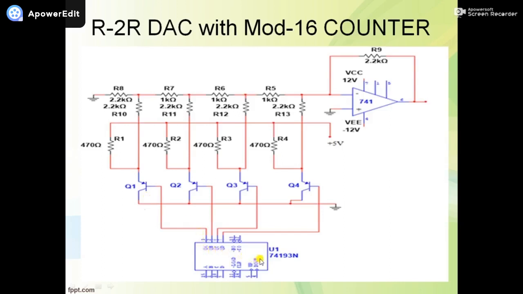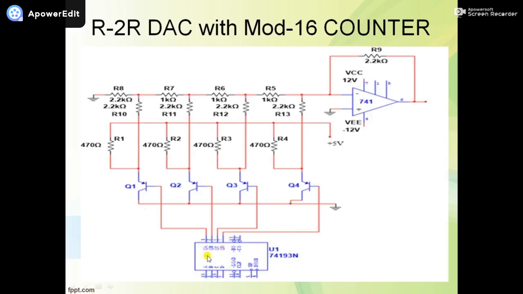And in 74193 we are considering again 4 digital input signals, as we discussed in the toggle switch, B3, B2, B1 and B0. So here this is B3, B2, B1 and B0.